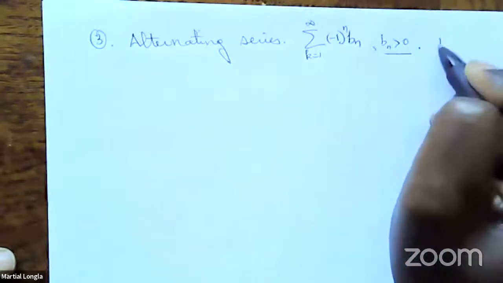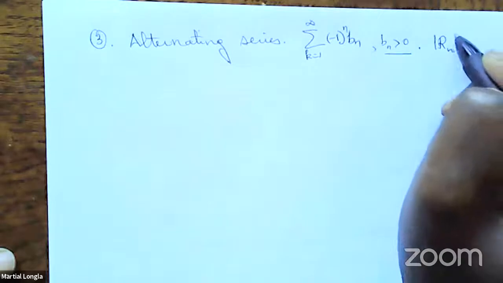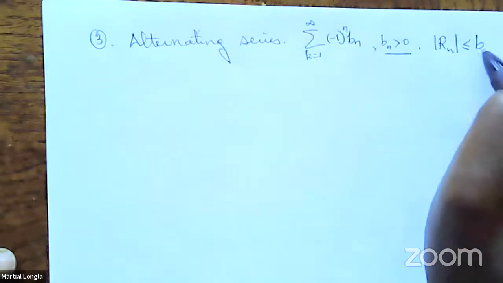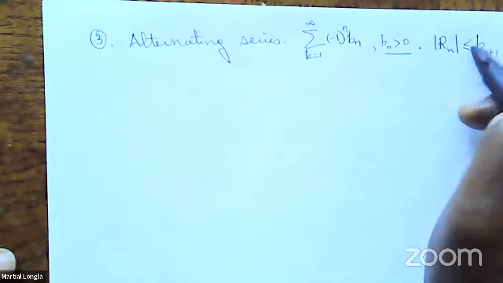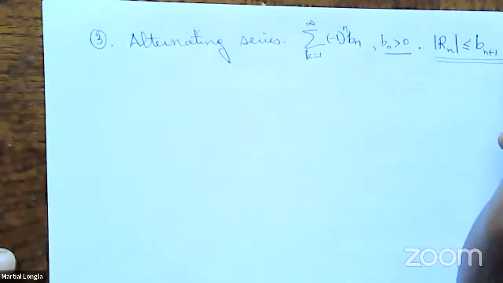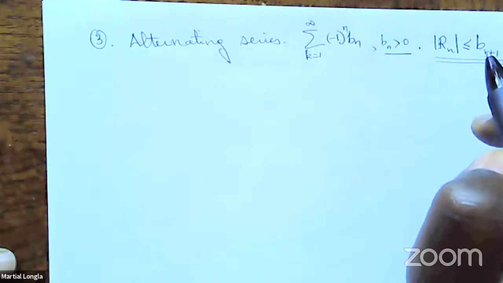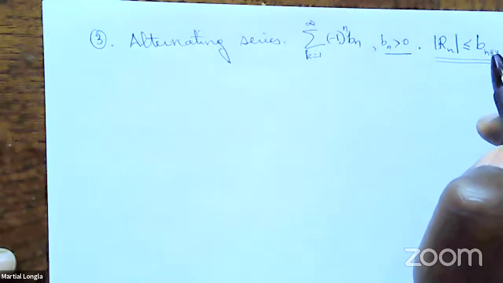And we have shown that the remainder, R_n, in absolute value, is less than or equal to b_(n+1). And this is what is used when you want to estimate the remainder.